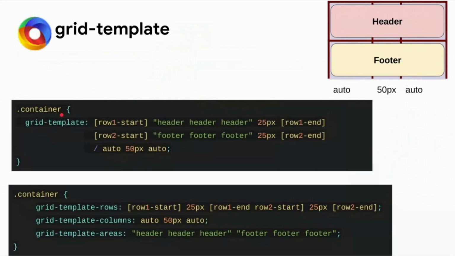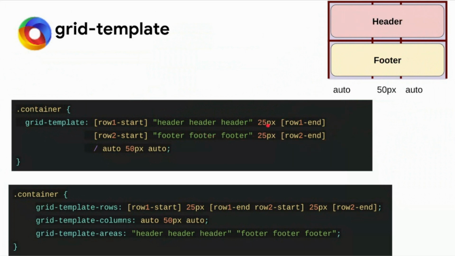Suppose in the grid template I have to make 2 rows and 3 columns, something like this. So what I can do, I will write grid template, then the starting name of the row, row one start. This one, from here to here, it would be row one start. Then header. That would be 3 headers together.